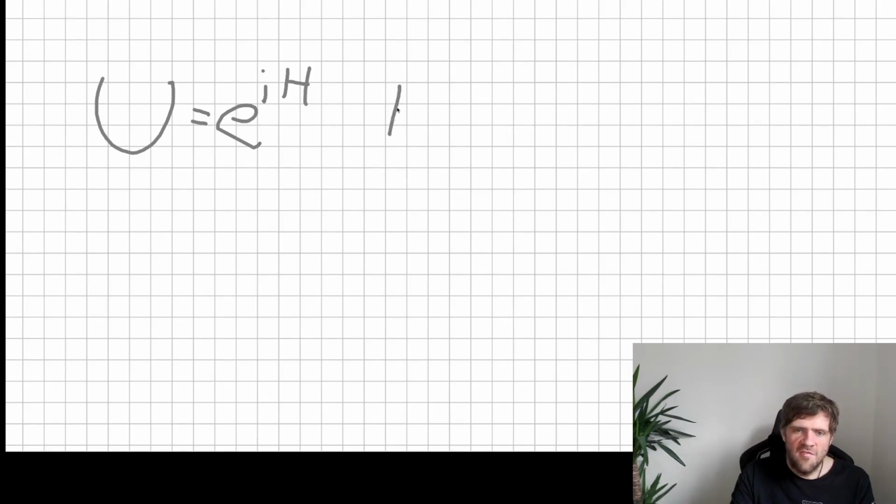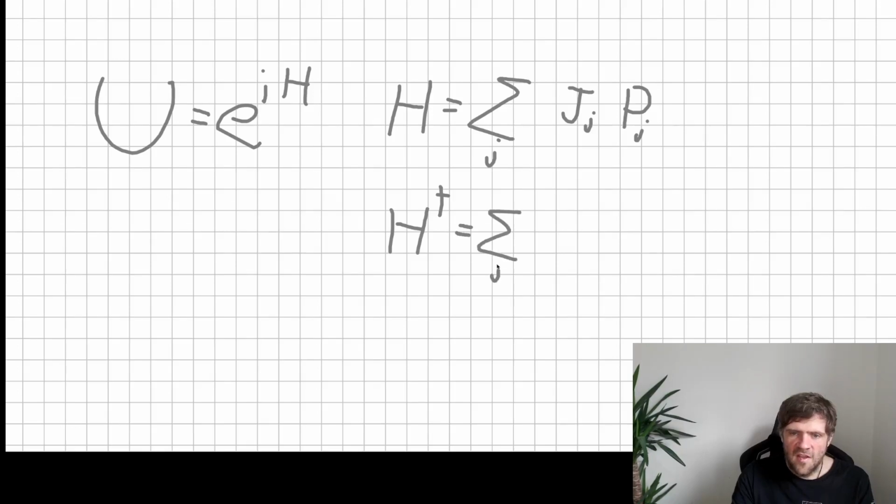A Hermitian matrix, like any matrix, can be decomposed into a linear combination of Paulis with some corresponding coefficients. One thing to note is that if you take the Hermitian conjugate of a linear combination of matrices, you get the linear combination of their Hermitian conjugates.